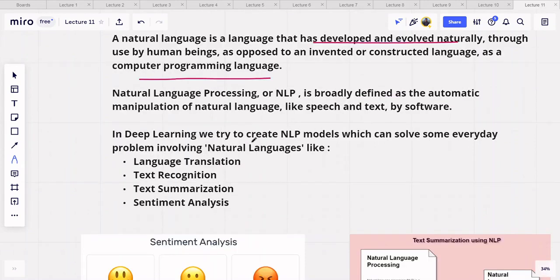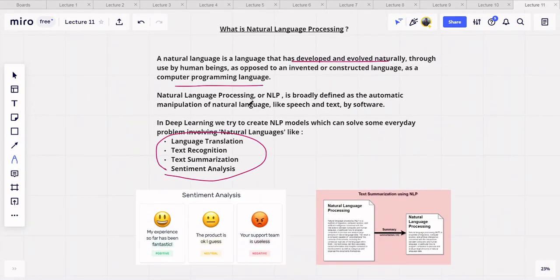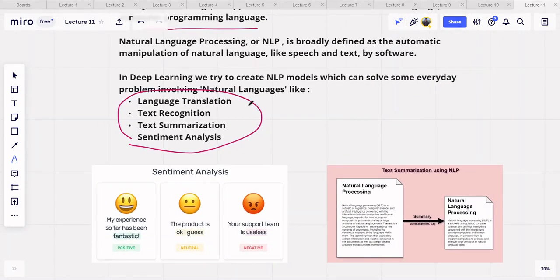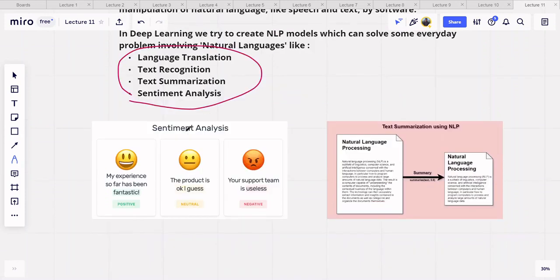These are some of the problems that we can solve using recurrent neural networks in the field of natural language processing. We can do language translation, that is, translate one natural language to another completely. Then we can do sentiment analysis. What sentiment analysis means is you give the model a sentence, and the model will predict if the sentence is positive, negative, or neutral.